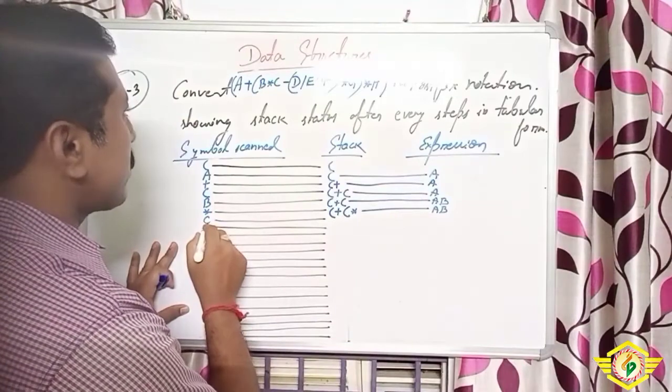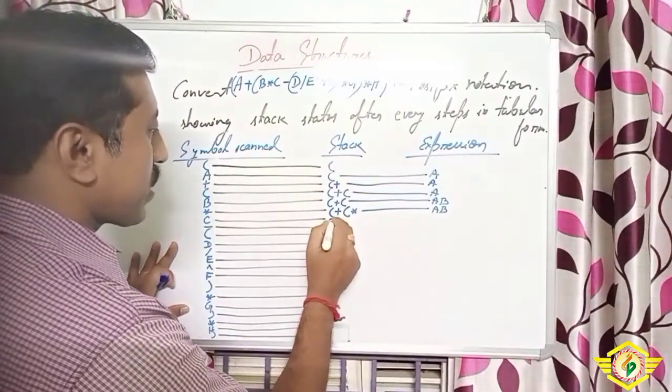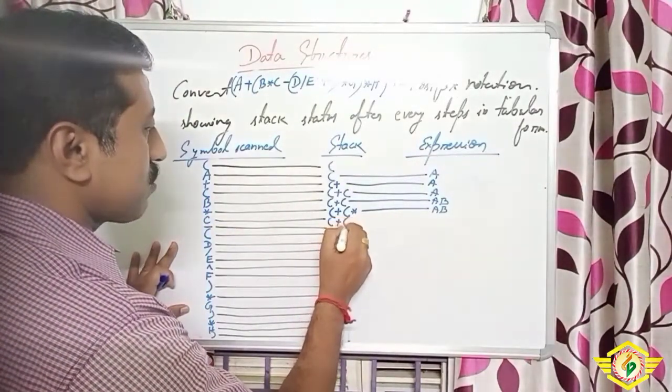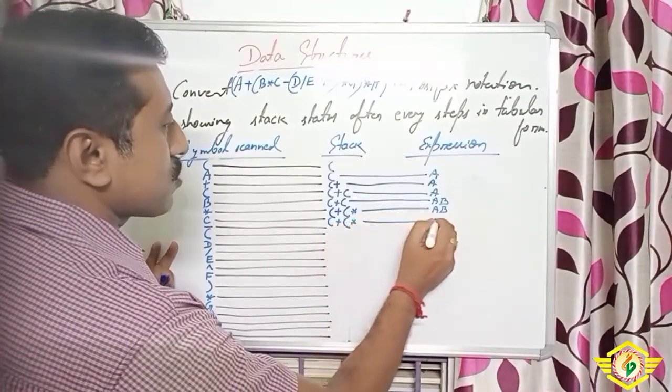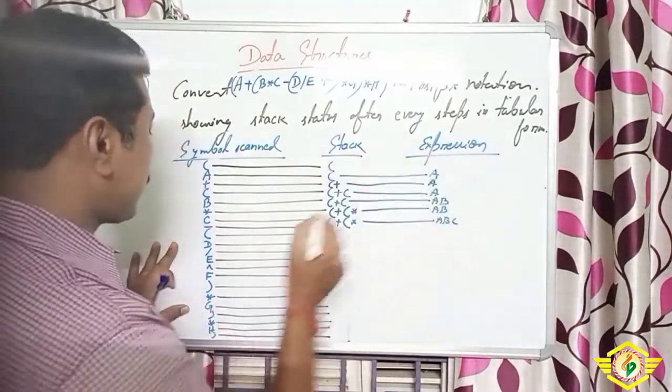Then again C is coming, so bracket plus bracket into, so it will be A, B and C.